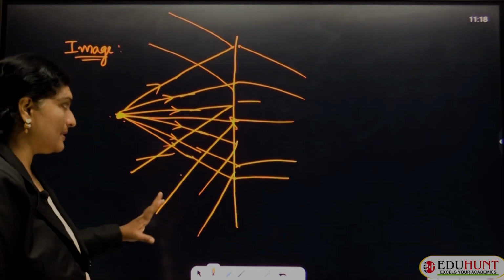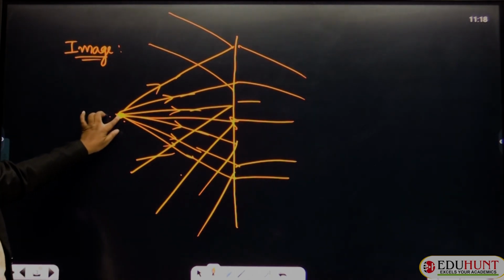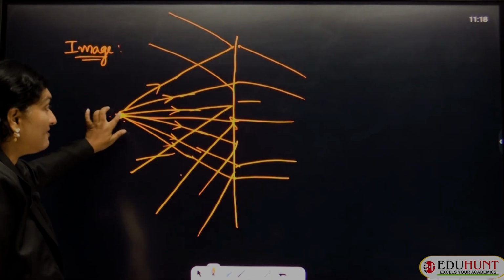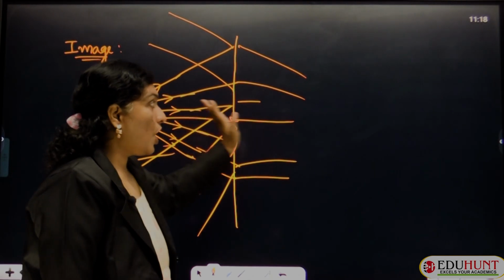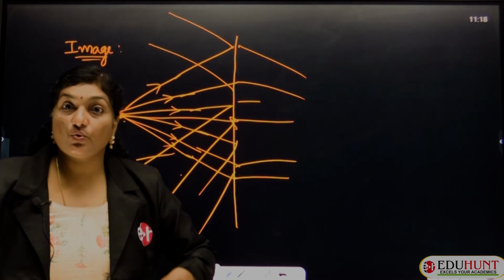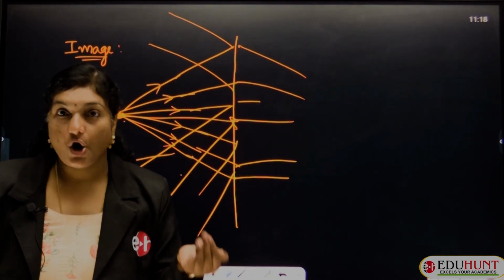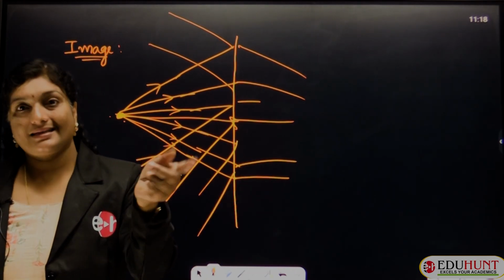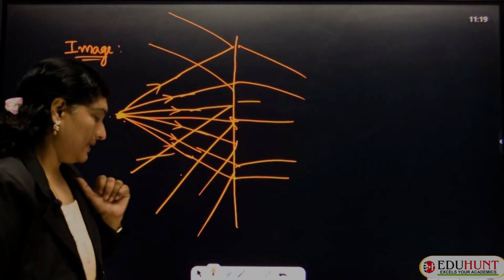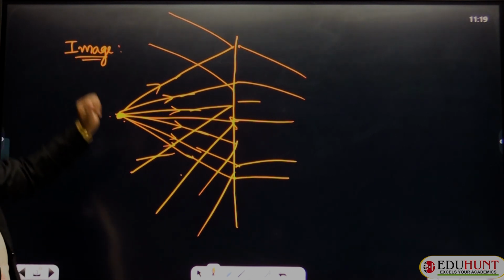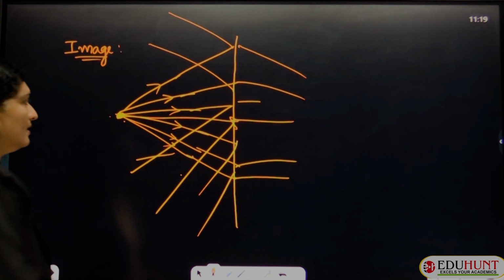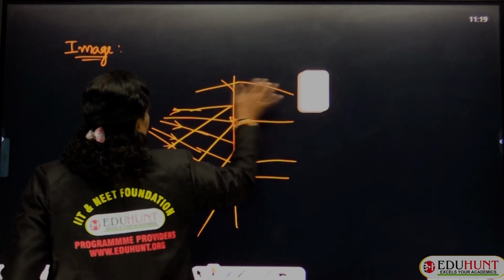So what does image mean? The rays of light diverging from a point after reflection or refraction actually meet at some point or appear to meet at some other point, then that point is called your image. That point is called your image. So let me write down the definition for that.